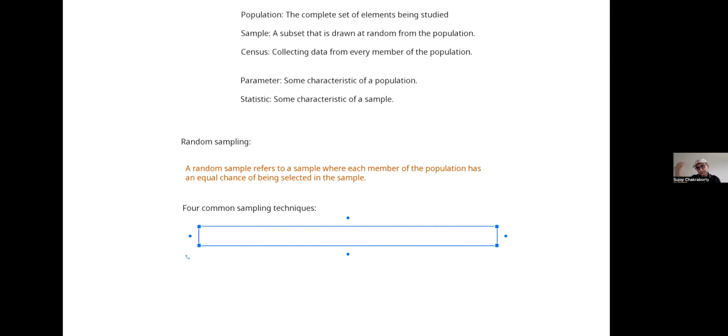Since you are actually choosing the people from whom you draw the sample, it's not entirely random, right? So in that sense, it has bias in it. Data based on convenience sampling is not likely to be random, right?